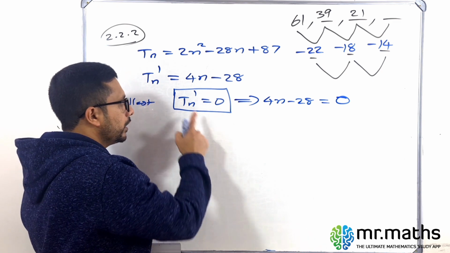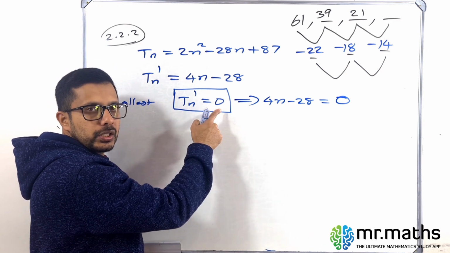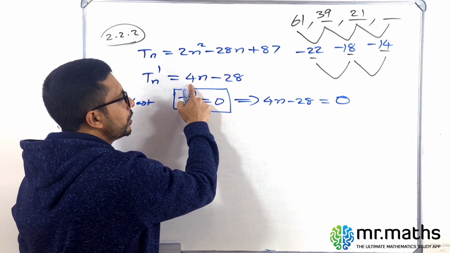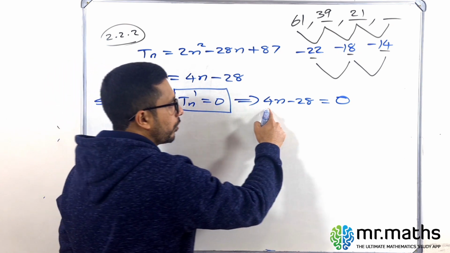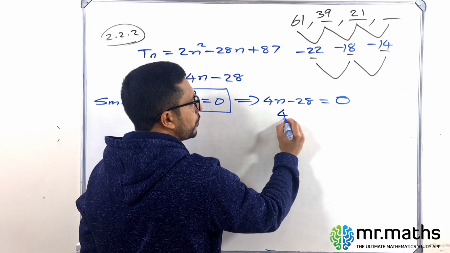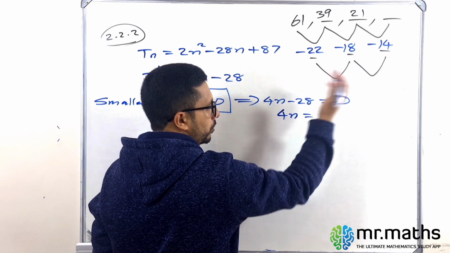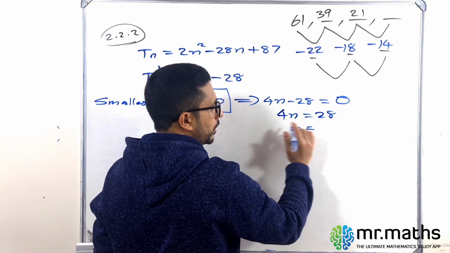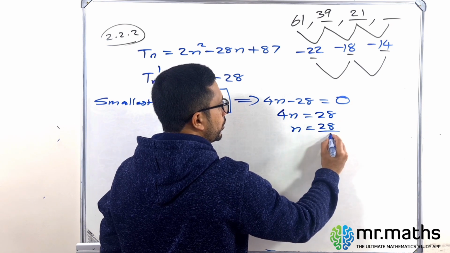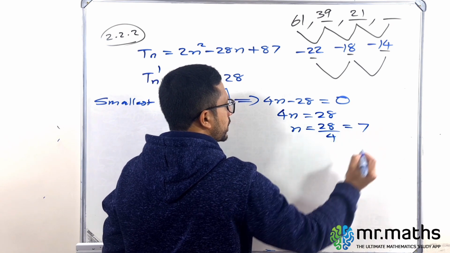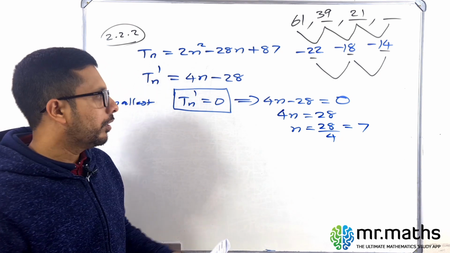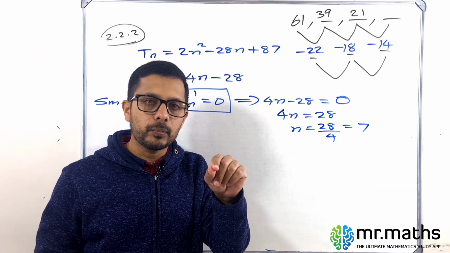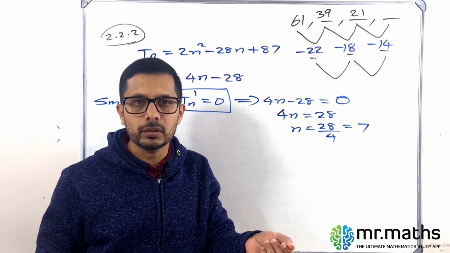So 4n minus 28 is equal to 0. What is 4n? Minus 28 on the other side, it is 28. So n is equal to 28 divided by 4, that is 7. So it means that when n is equal to 7, on the 7th term, you will get the smallest value.